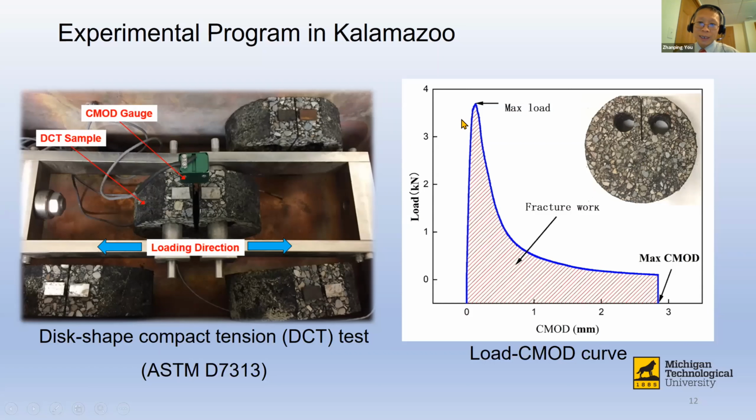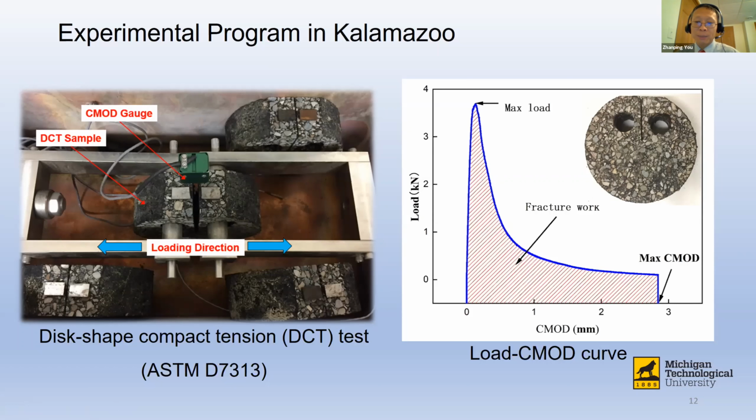During this test, we can monitor the load-CMOD curve, and then we can calculate the area underneath this curve, which we call fracture energy. The fracture energy measures how much energy is required to crack the sample. So if, for a given sample, your fracture energy is large, that really means the sample will require a lot of energy to crack it.